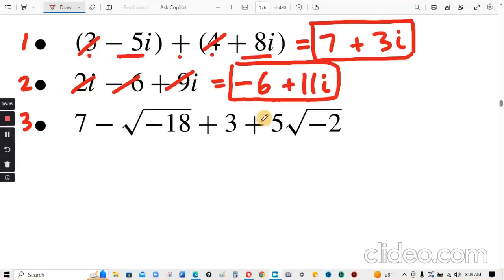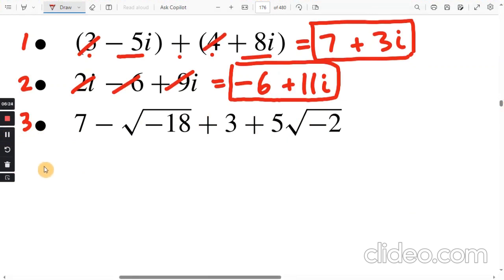All right, see if you can get number 3, please. All right, let's see. We have to simplify this. We have 7 minus the square root of negative 18, which is going to be the same as the square root of 9 times 2.